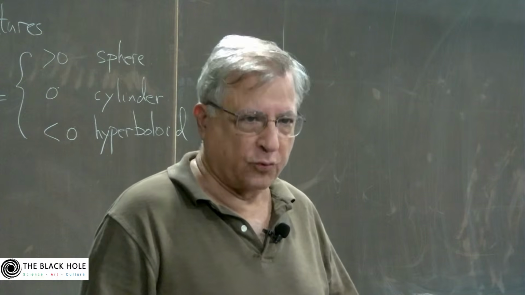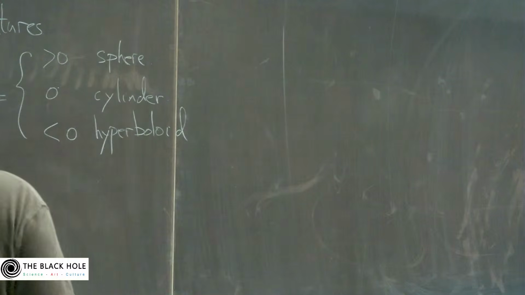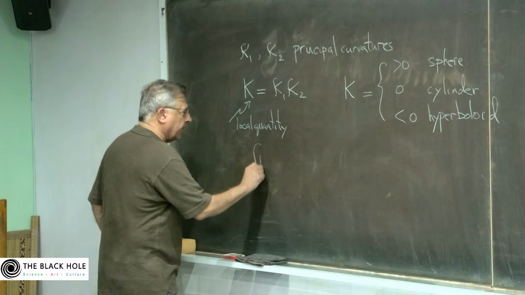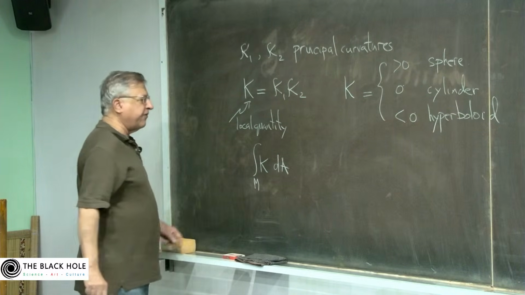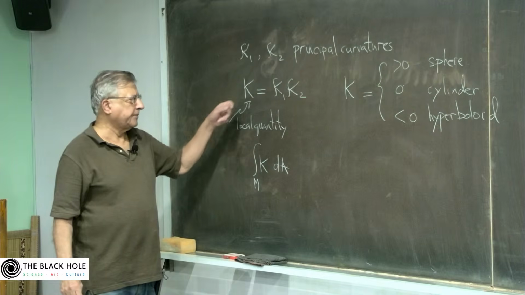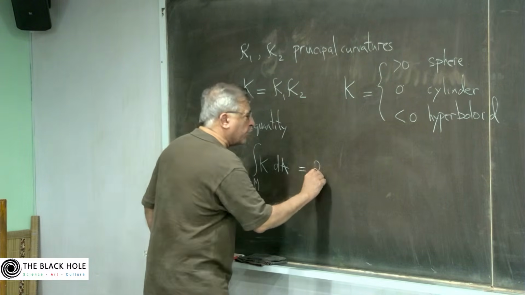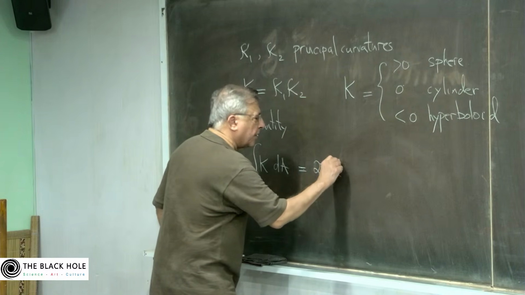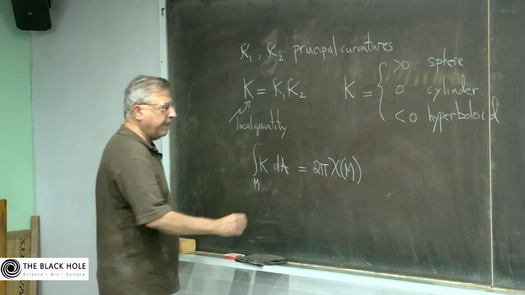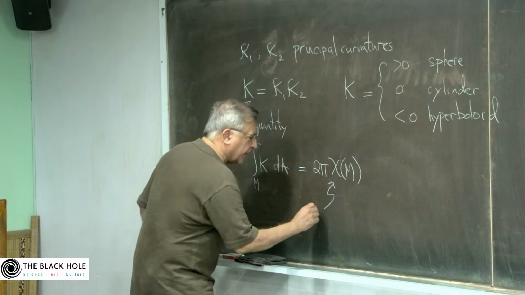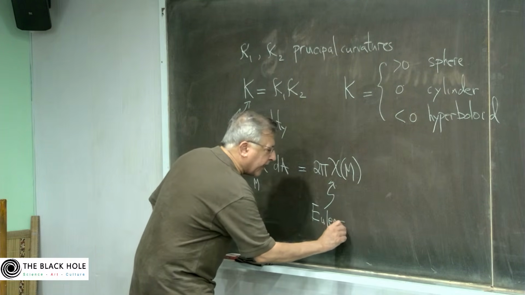Kappa 1 and kappa 2 are measured by ants. What he was able to prove was this: suppose I integrate over the manifold this quantity K, which is the Gaussian curvature, then the answer is 2 pi times chi of m. This chi of m is called the Euler characteristic.